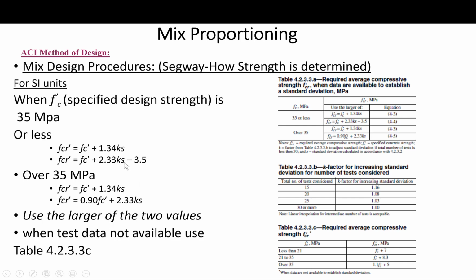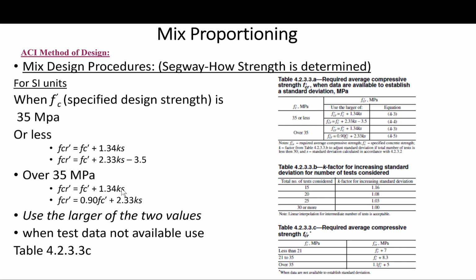Okay, so basically what we do here, we use the larger of the two values. When test data is not available, again we go to table 4233C. But it is extremely unlikely that you do not have enough data available.